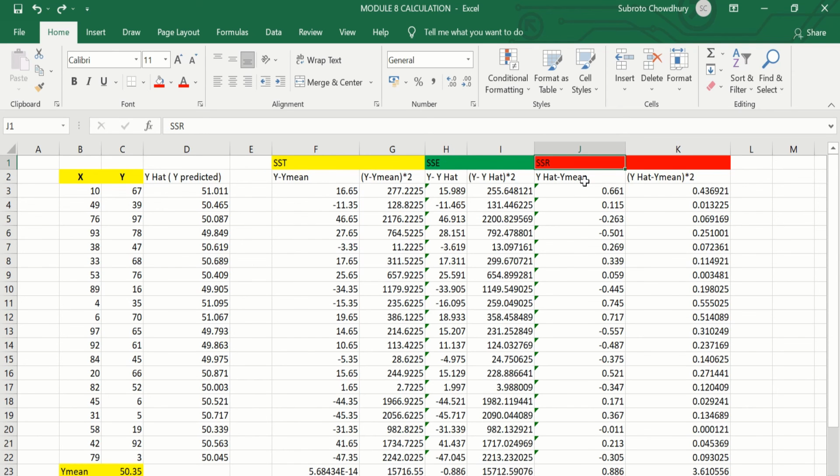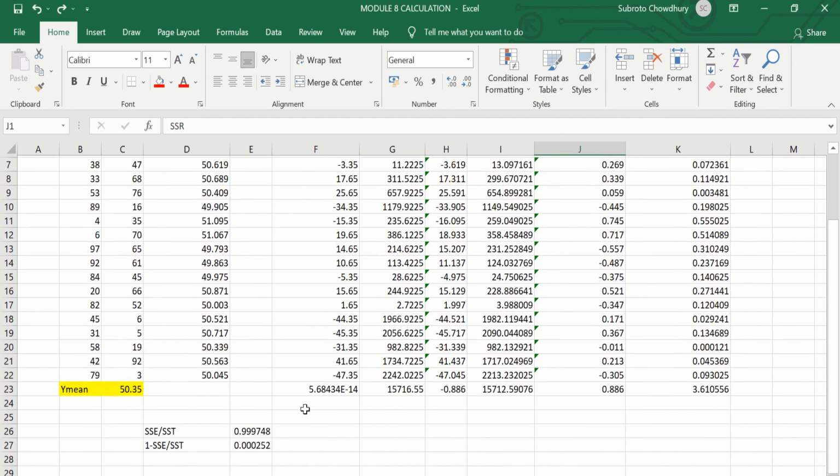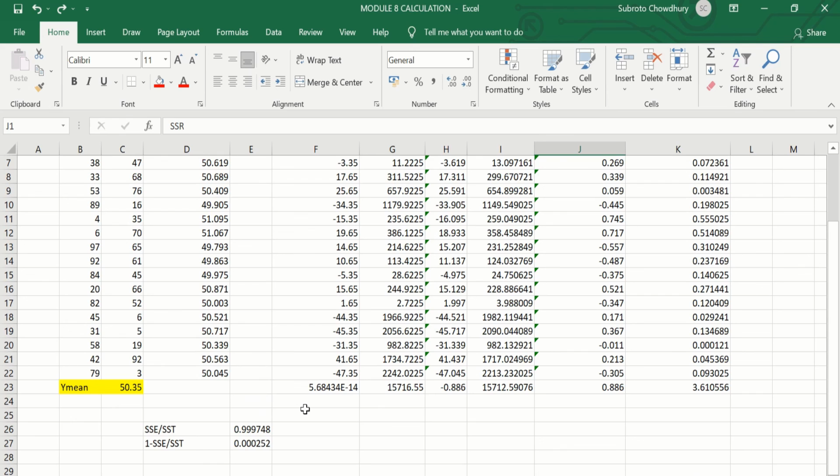Now we are interested in finding the R square value, right? If you want to find the R square value, we want to see how much of the variation is explained by the regression line. If the error variance is less, that means more variation is explained by the regression line. Now how did we get this model?